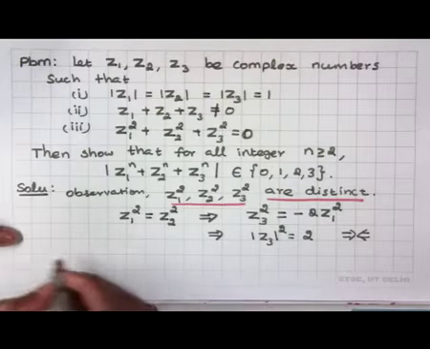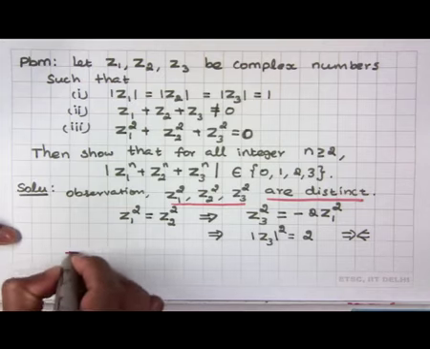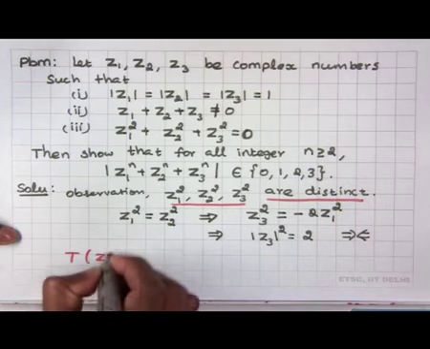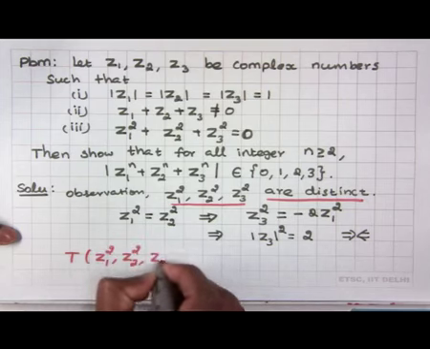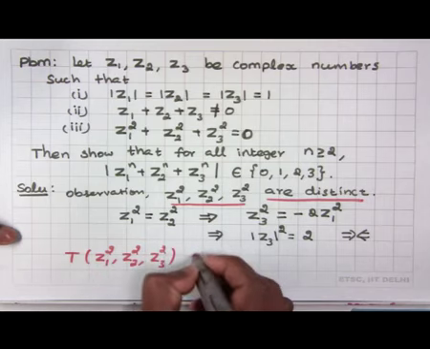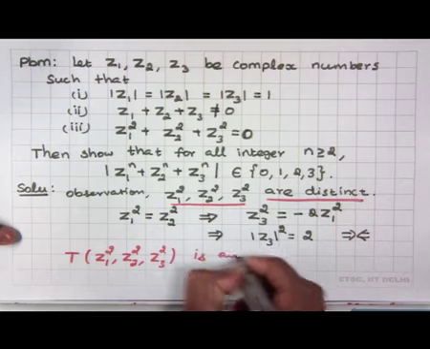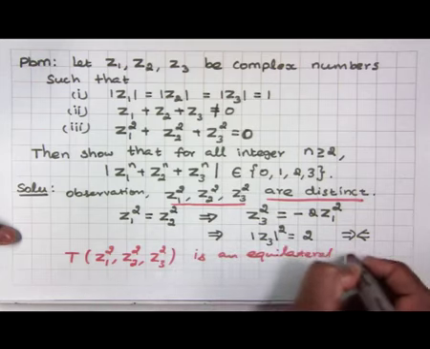Now, from this we observe that the triangle T with vertices Z1 square, Z2 square, Z3 square is an equilateral triangle.